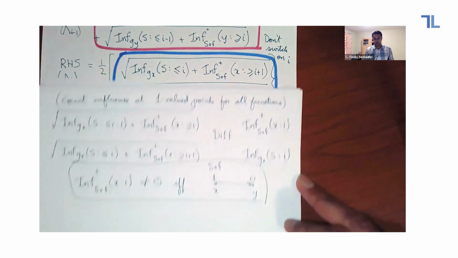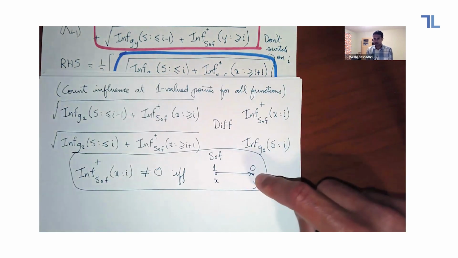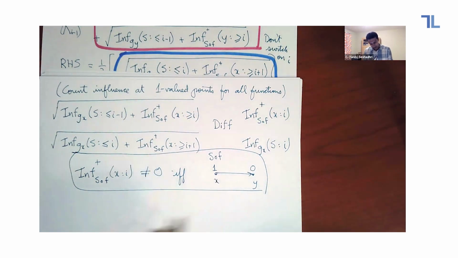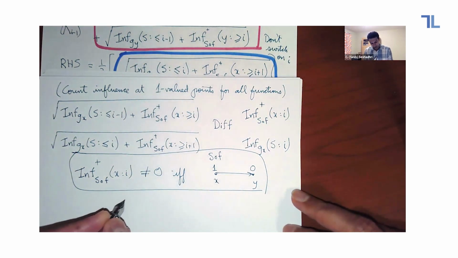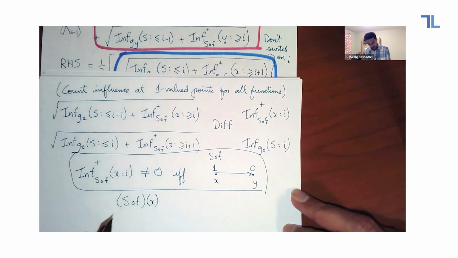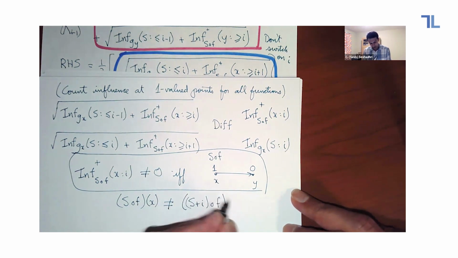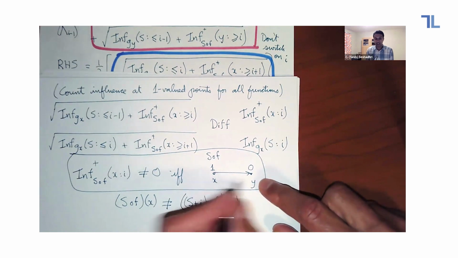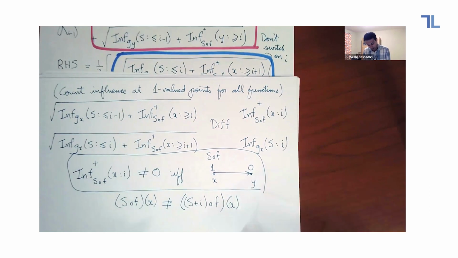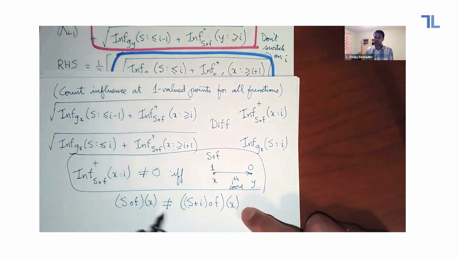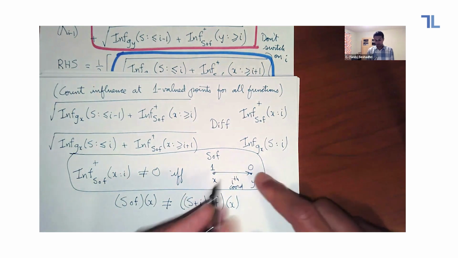So what does this mean? That means if you switched, you're going to change the value. What this means is that s circ f evaluated at x is not equal to s plus I circ f evaluated at x, right? Because that's what the switching is going to do. If I switch on the ith coordinate, the value is going to change.